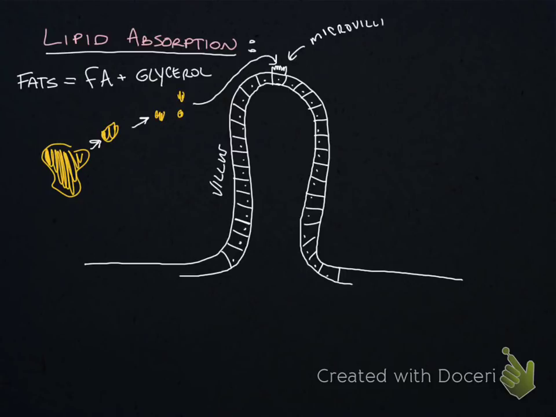And as the fatty acids enter the cell, it will be processed by the smooth endoplasmic reticulum. Then it's shipped to the Golgi and packaged.